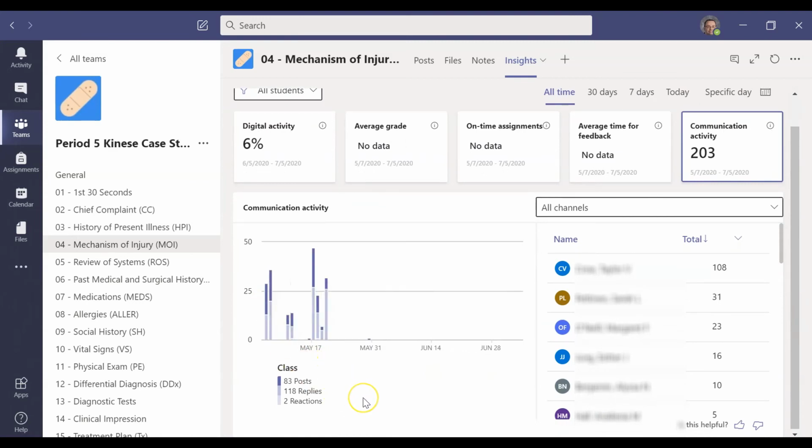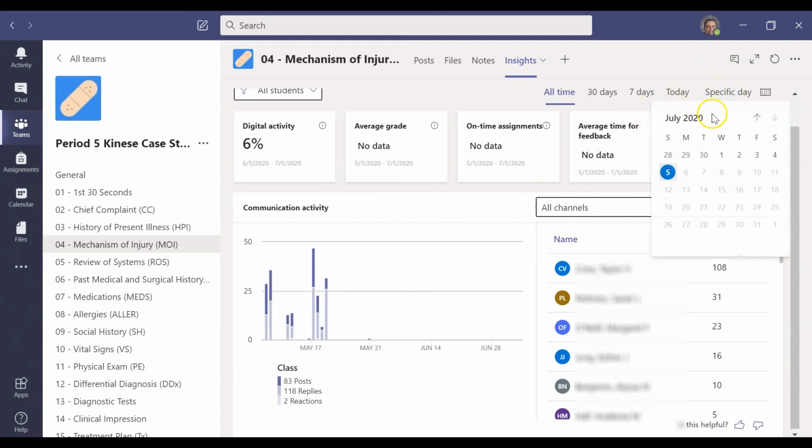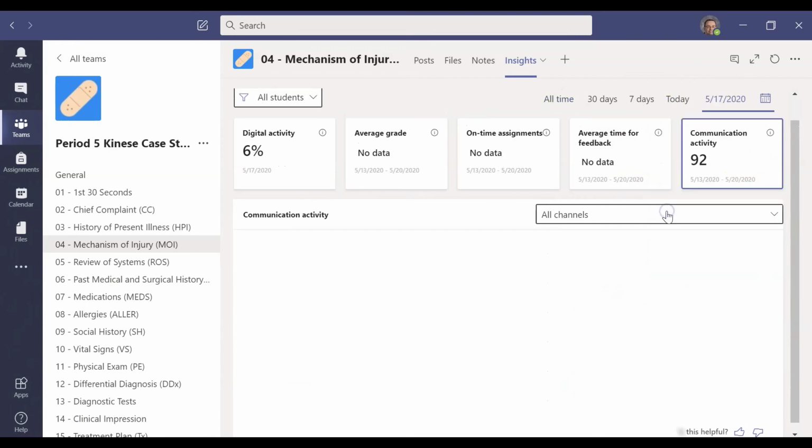Okay, so here we have the communication. There are 203 total communications between me and my students, and it breaks it down to posts and replies and reactions and breaks it down to a daily total here. And we can even pick a day. So for example, let's go to May 17th.